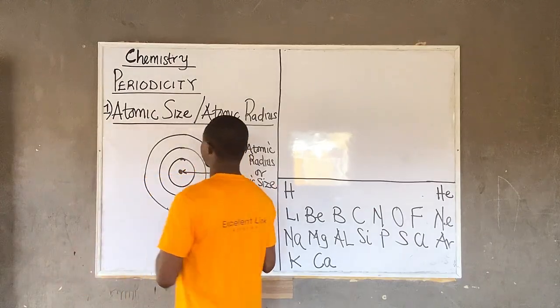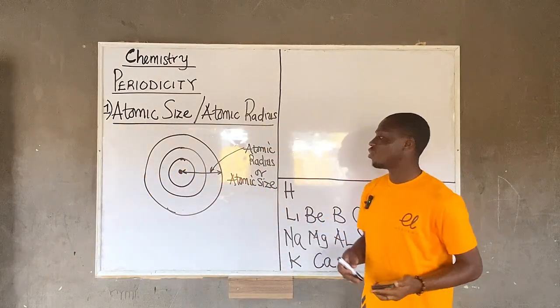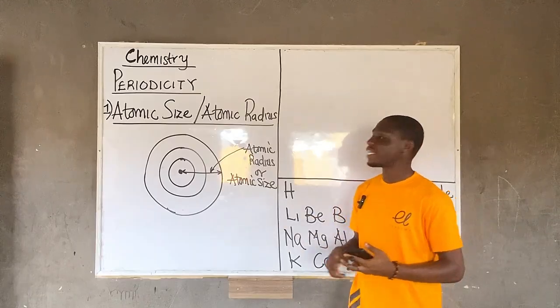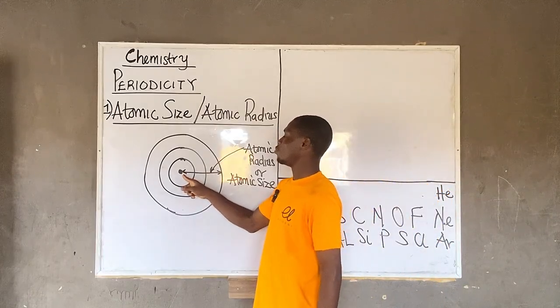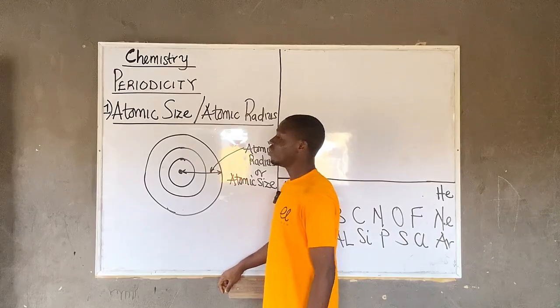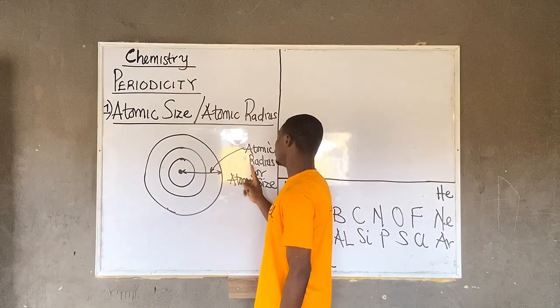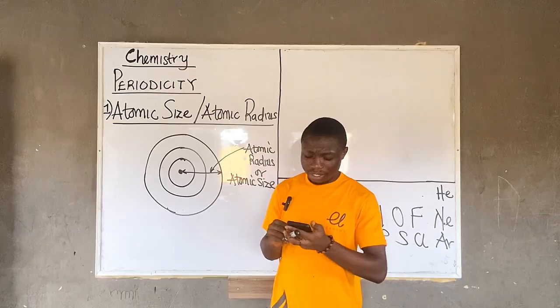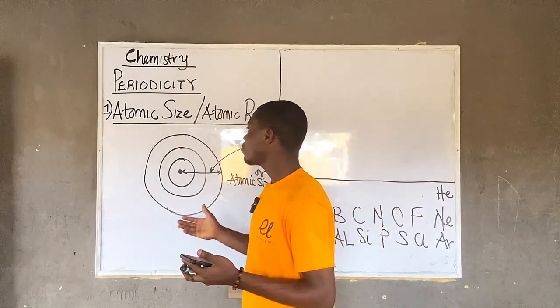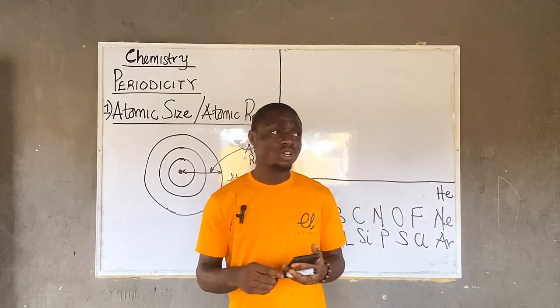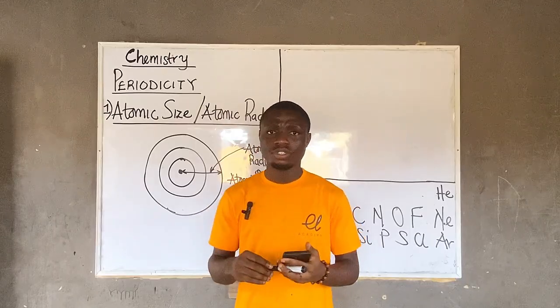So that's how you define atomic size, or atomic radius. The distance from the nucleus of an atom to the outermost shell is said to be atomic radius or atomic size.